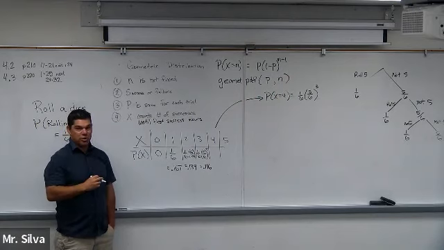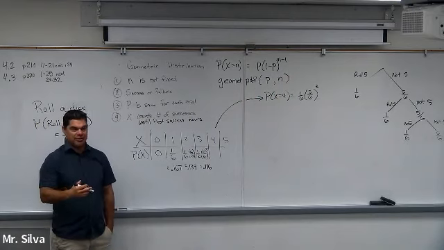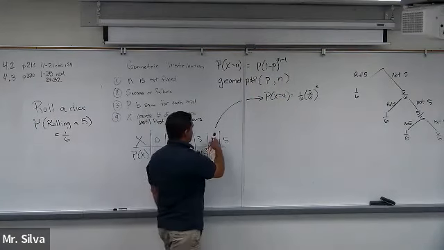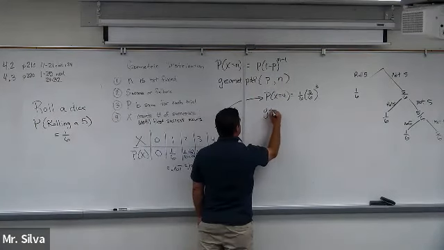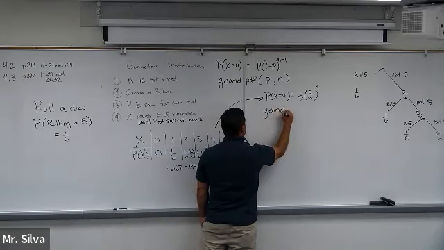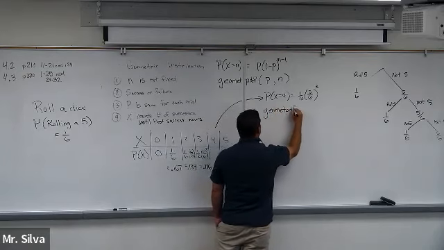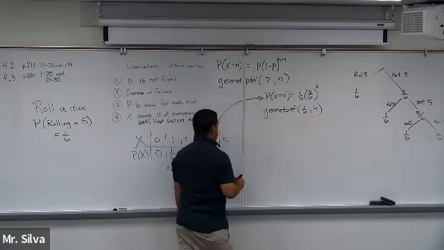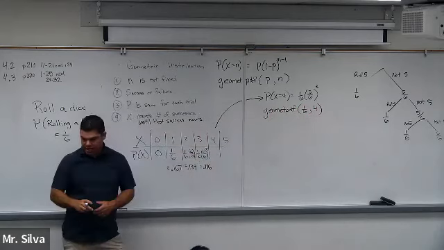Well, there's actually only 1 success. So in this case, I would do geometpdf. p is 1 over 6, n is 4. And that should give me this number here. I'm going to calculate it.